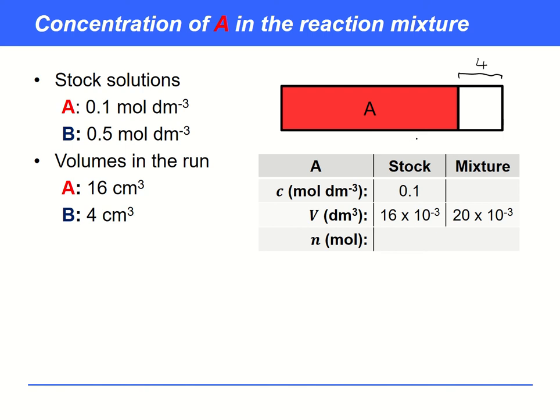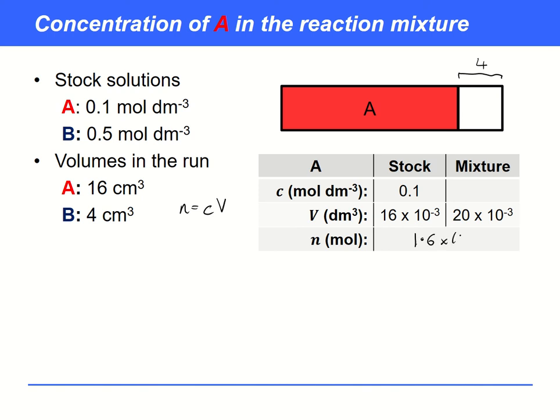So in order to work out the concentration after this dilution, we need to realize that the number of moles of A before dilution, so in the stock solution, and after, is exactly the same. So we can work out the number of moles that was in the stock solution because we know both its concentration and its volume. And so if we use our typical formula of moles is concentration times volume, then we can work out 0.1 times 16 times 10 to the minus 3.